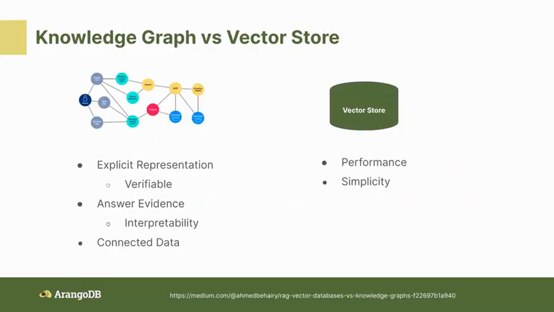Okay, so on the topic of knowledge graphs and also vector stores, when deciding on the data retrieval for LLMs, you have to consider both, as knowledge graphs offer the structured data with complex relationships when you need transparency and, let's say, domain-specific detail.